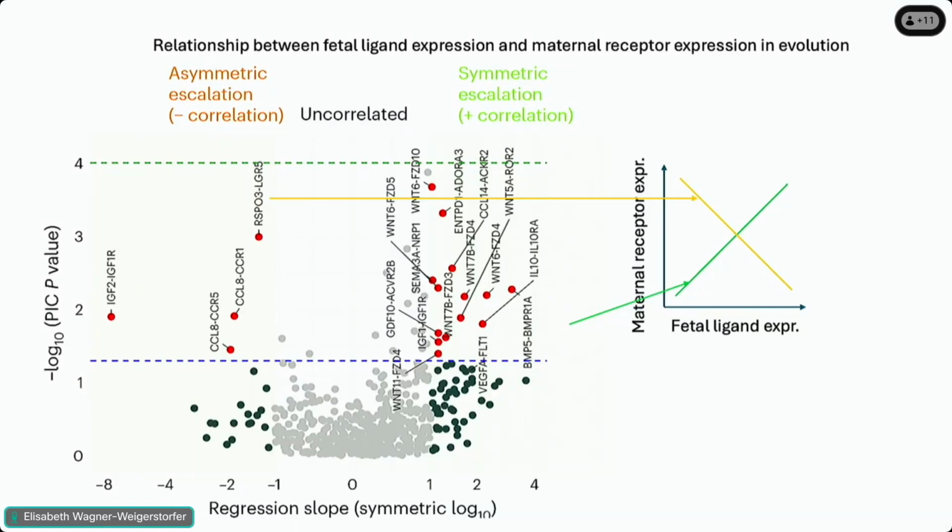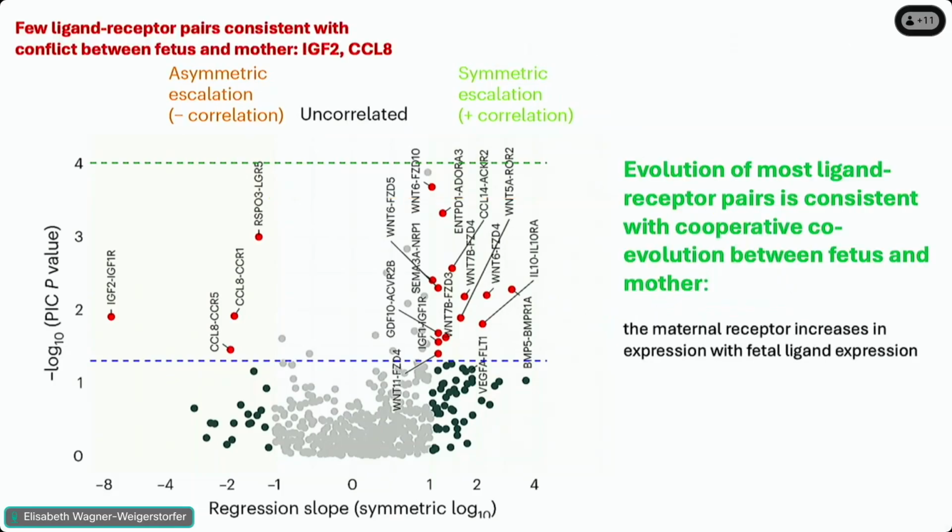So, of course, conflict signals exist, but it is actually a relatively rare occasion compared to the evolutionary changes that happen with other ligands, where the evolutionary changes seem to go in the same direction, being consistent with the idea that fetal and maternal interests are aligned or cooperative.